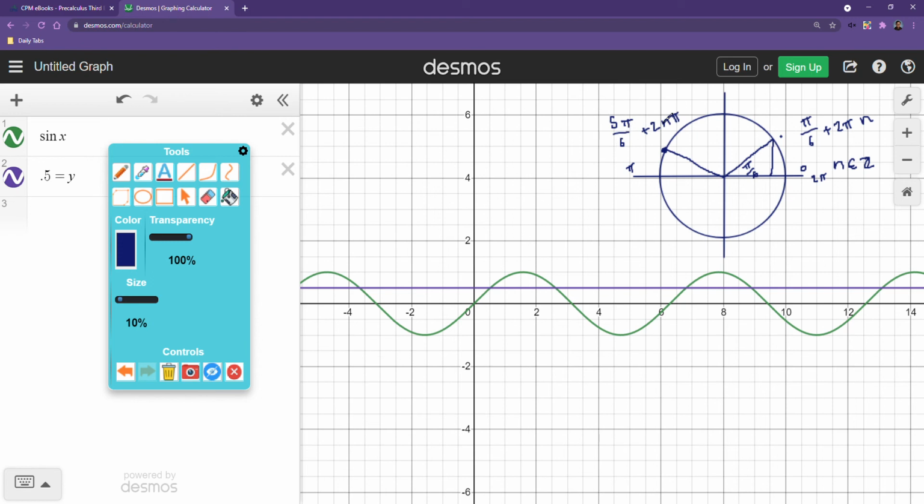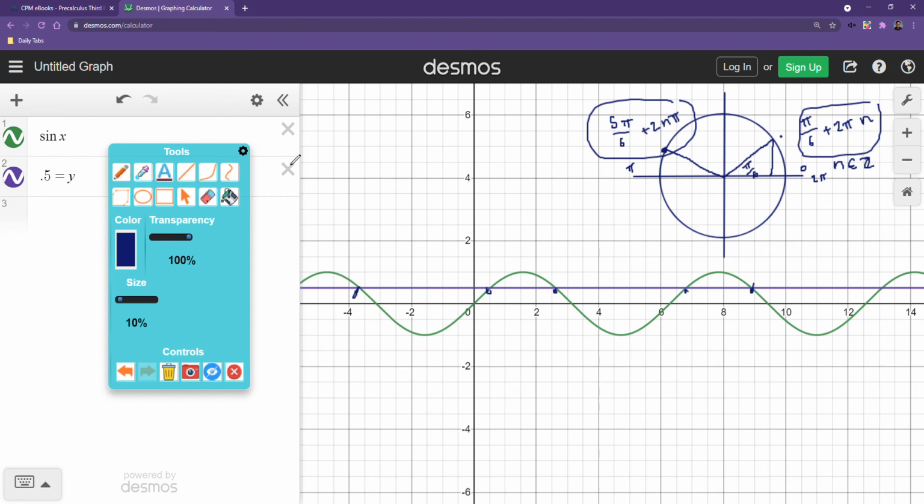And so these expressions right up here, this one on the left and this one on the right, represent all the solutions on these graphs here where they intersect. And of course, there's infinitely many, because there's infinitely many integers.